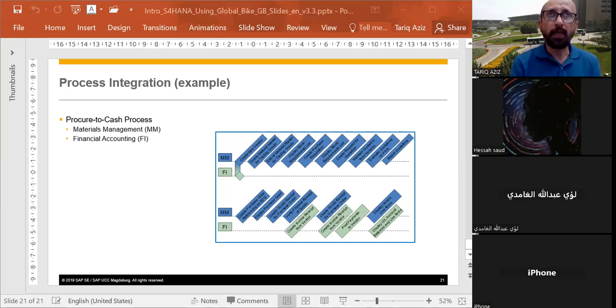If we talk about business process integration course, $10,000. Purchasing, maybe $18,000. Production planning, maybe $18,000. So every course is like in thousands of dollars.